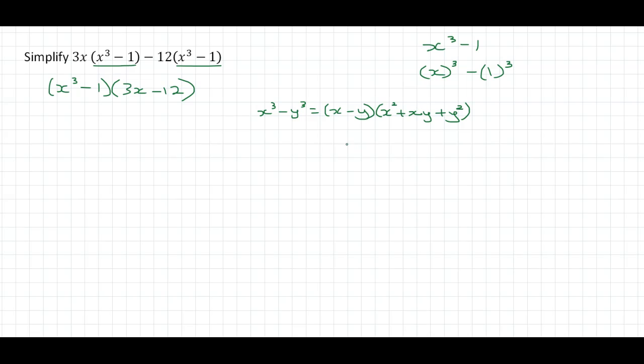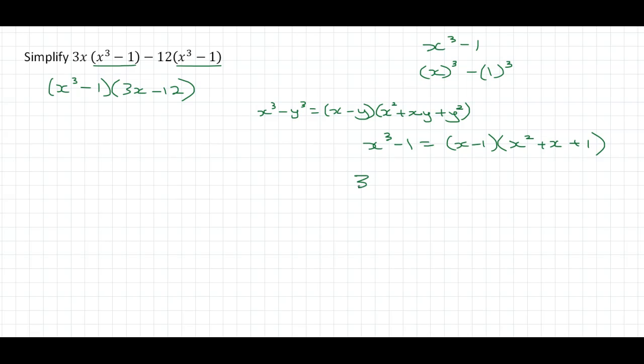So therefore, x cubed minus 1 is going to be (x minus 1) multiplied by (x squared plus x plus 1).